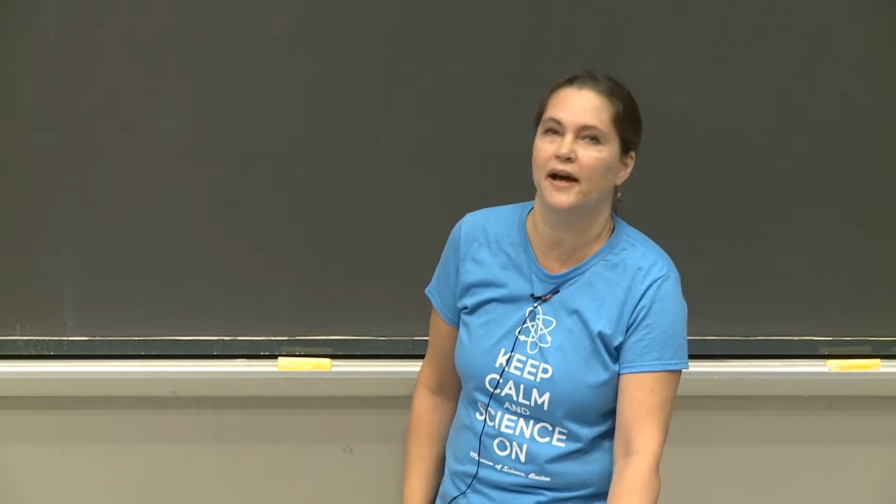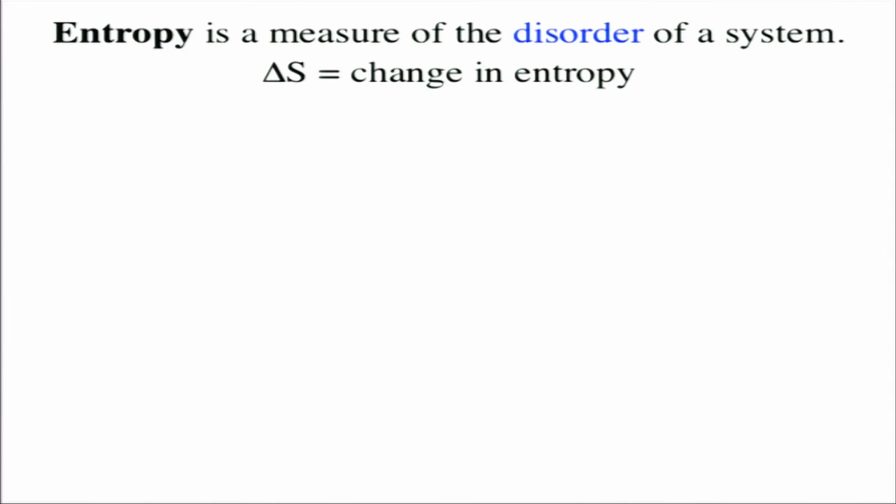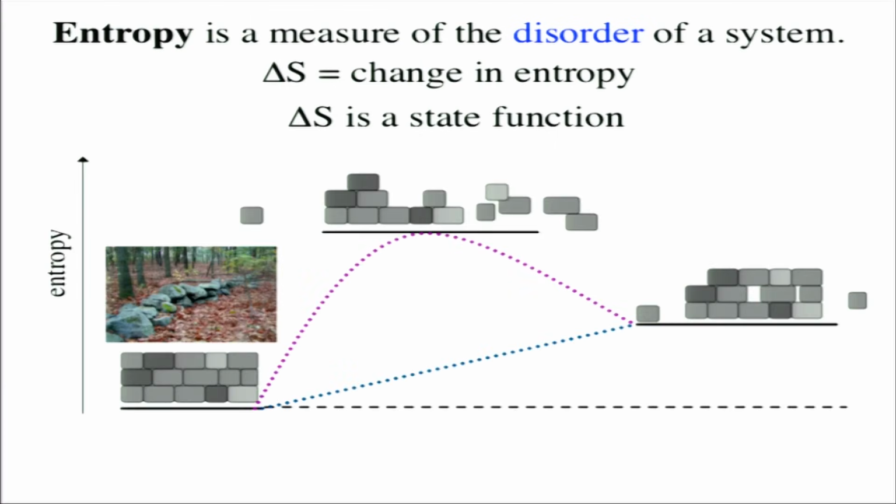All right, so let's talk about entropy. Entropy is a measure of disorder of a system. Delta S is the change in entropy. And delta S, again, is a state function. One example of entropy in New England are these stone walls that do not look absolutely beautiful.